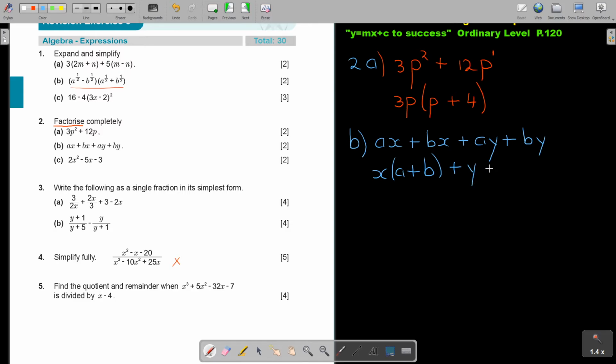I take out y. And then I look, oh, you the same, you the same. And then I just take out the bracket that's the same. And if I divide, what will be left? The front. If I divide, what will be left? That. And that's my final answer.